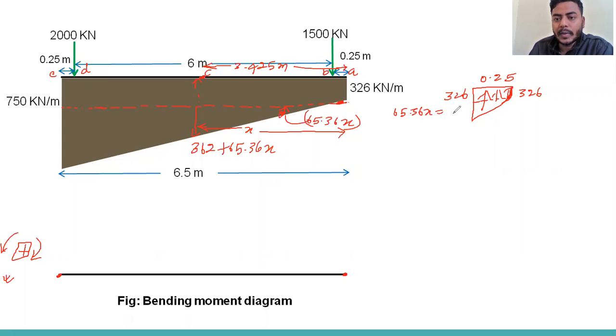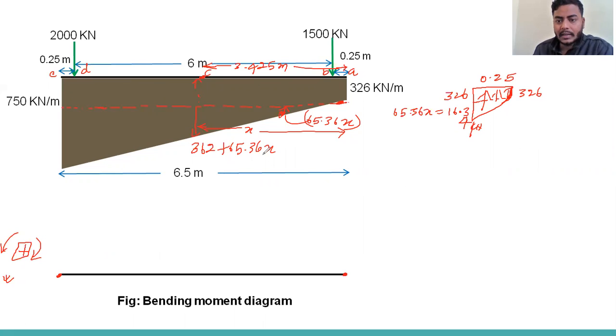By putting x equal to 0.2, we can get 16.34. Directly we can also go for the trapezoid, but we have to apply the centroid distance. But we know about the rectangular, that is L by 2, and we know the center of the triangle, that is H by 3.